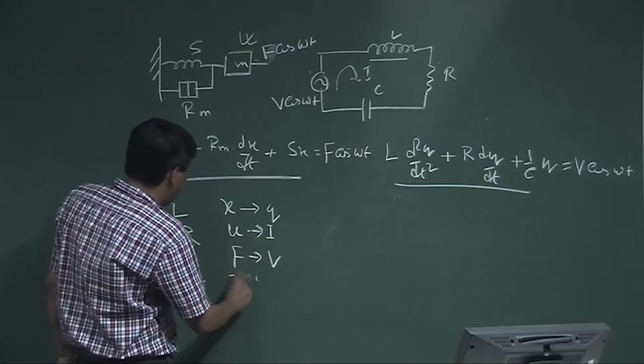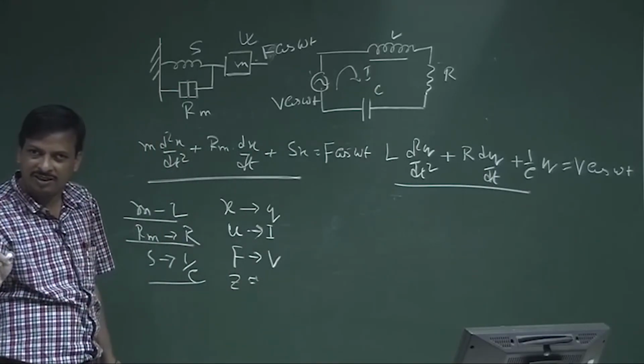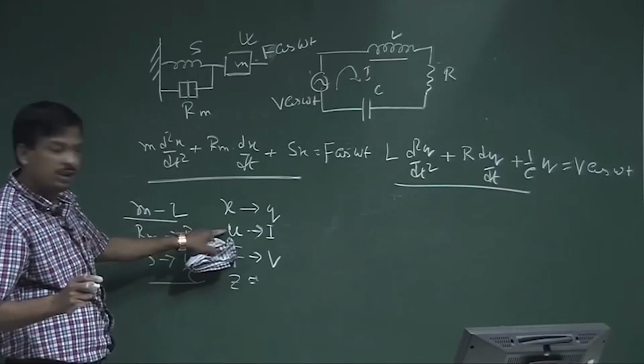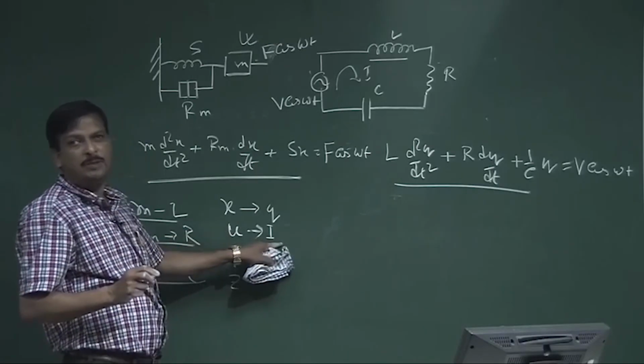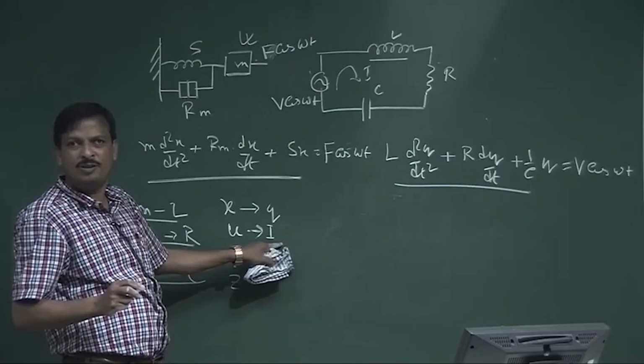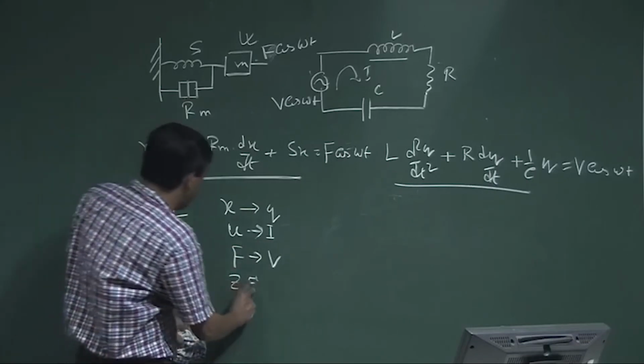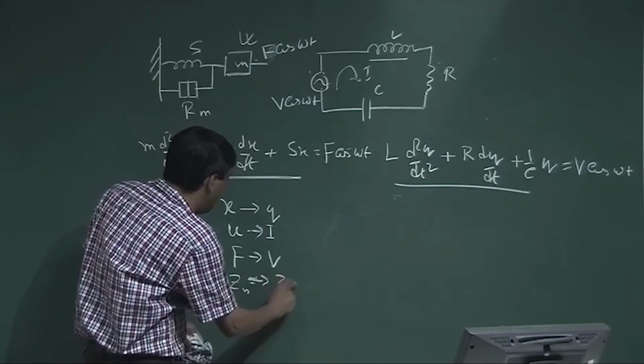Similarly, Z is nothing but force by velocity, F by U. In the electrical case, impedance is voltage by current, V by I. So mechanical impedance is equivalent to electrical impedance.